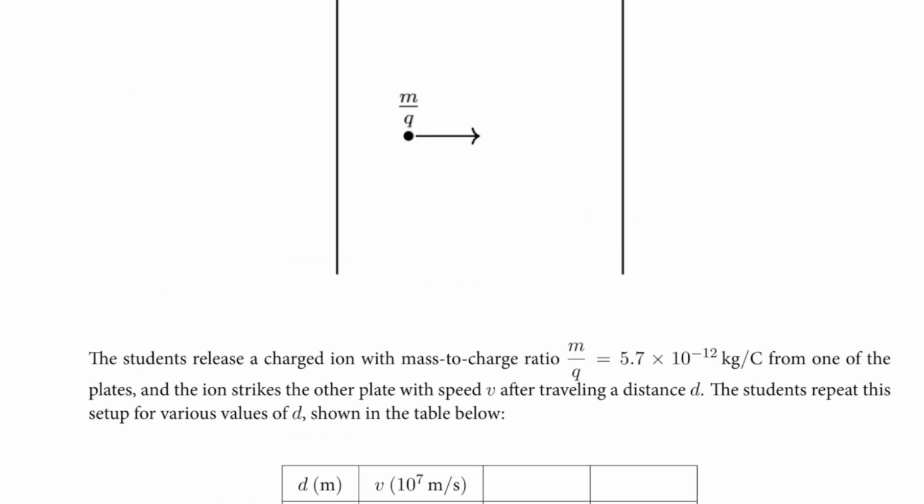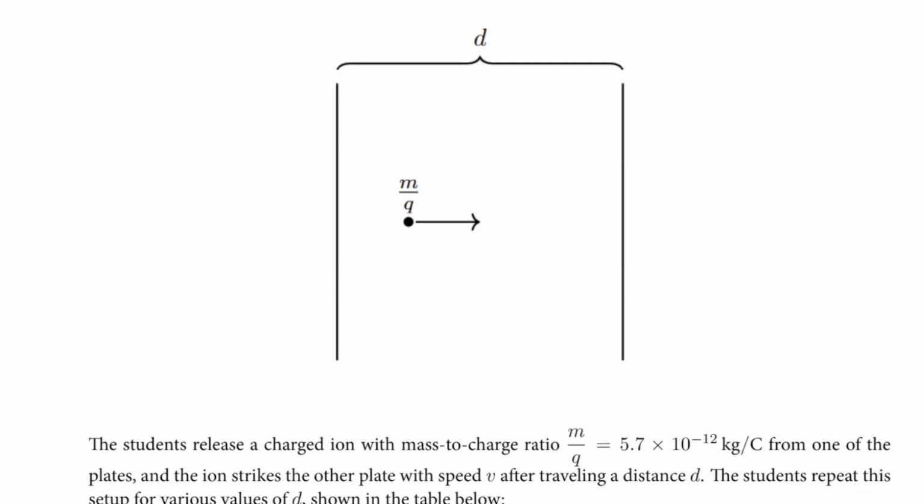So, of course, due to the fact that there's some sort of speed change happening, and just based on what we've been doing so far, we know this is going to be an energy conservation problem. So delta K is going to be negative delta U, which is negative q delta V. So this means our delta K is just going to be equal to our negative q, what's our delta V?